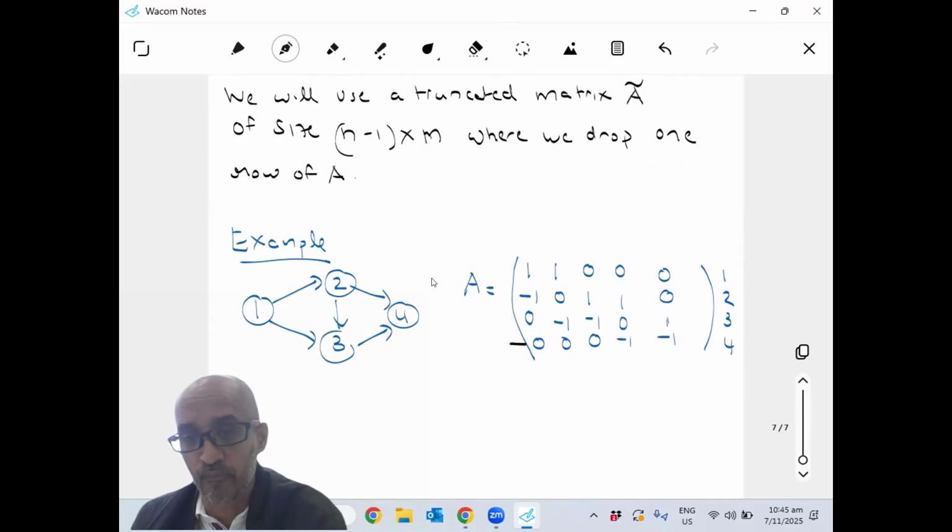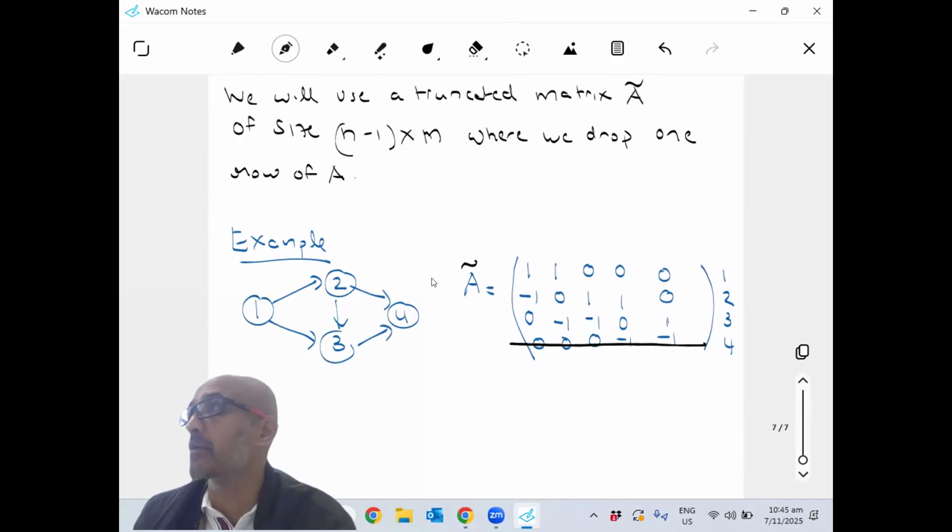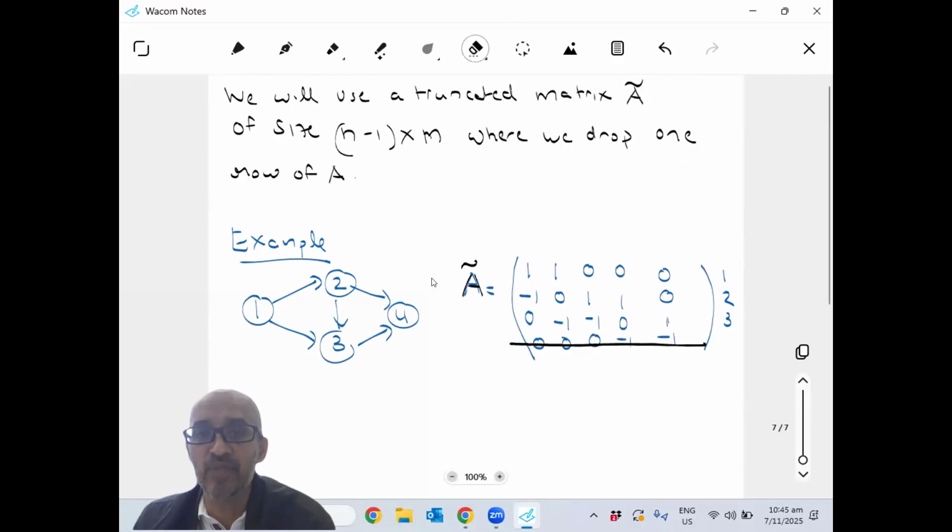Let's say I'm going to drop this last row. So this is going to be A tilde, a matrix of only size 3 by 5. Now I claim that this matrix has linearly independent rows. So this is a matrix of size 3 by 5, right?